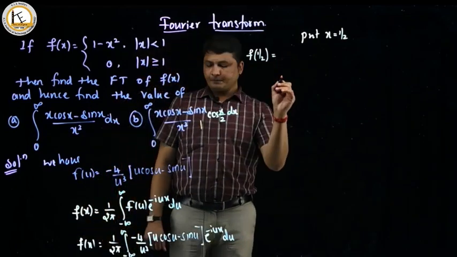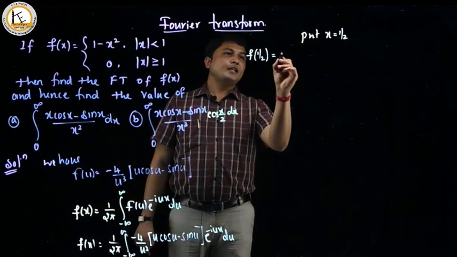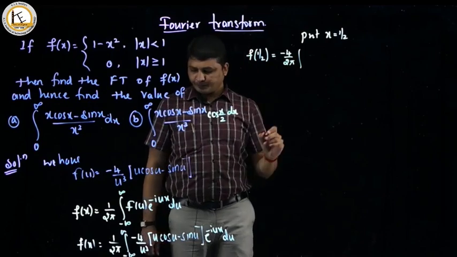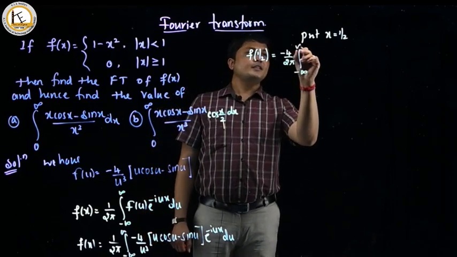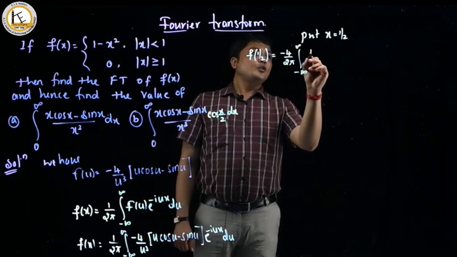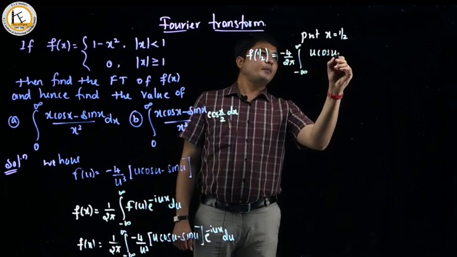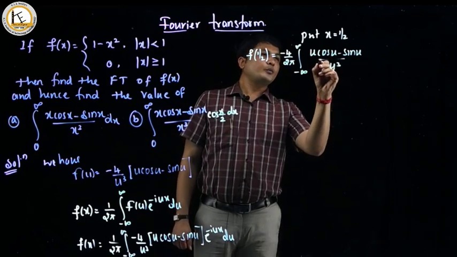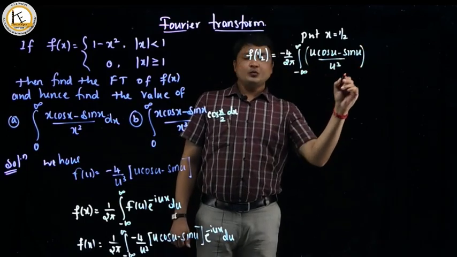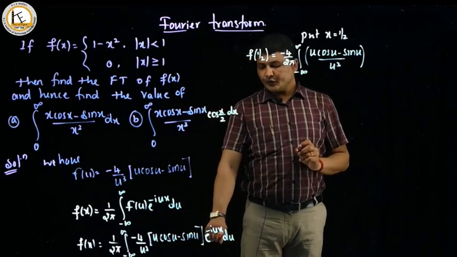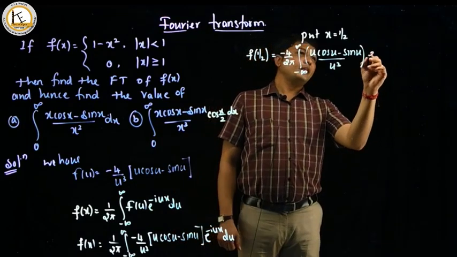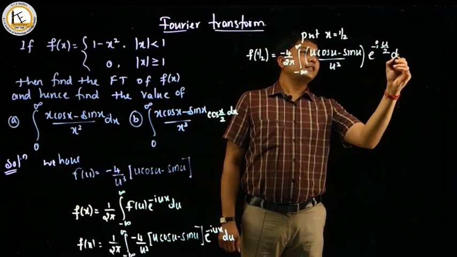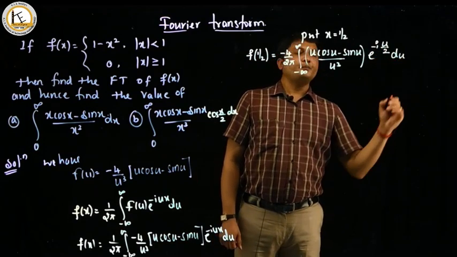I will take this minus 4 outside, so it is minus 4 by 2 pi integral from minus infinity to plus infinity of u into cos u minus sin u divided by u cube, into, in place of x we are substituting 1 by 2, and it becomes e raised to minus i into u by 2 with respect to u.